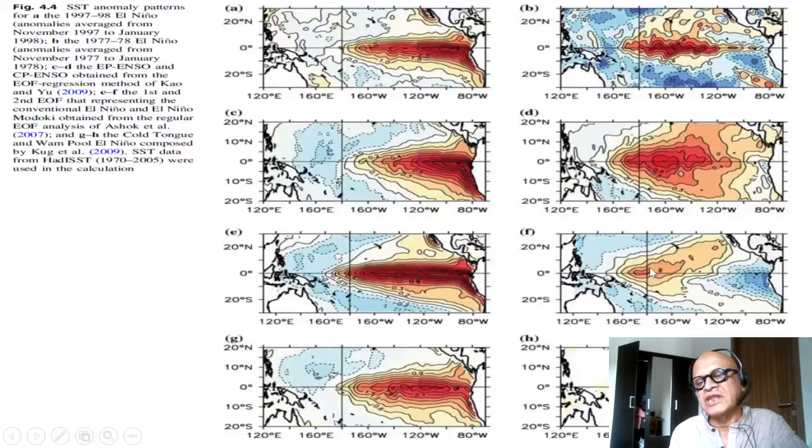These are now called Central Pacific El Ninos or dateline El Ninos, or there is another name called El Nino Modoki, which in Japanese means the same but not quite the same, or some such thing. But the debate continues about whether these are really distinct events, distinct in processes, or essentially the same thing with slightly differing patterns of warming and cooling.